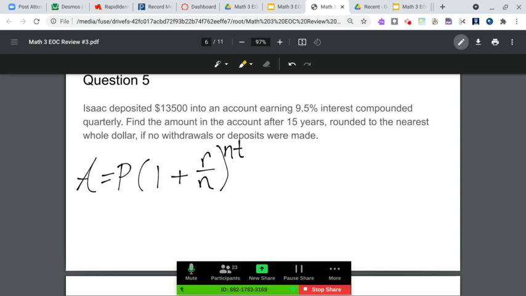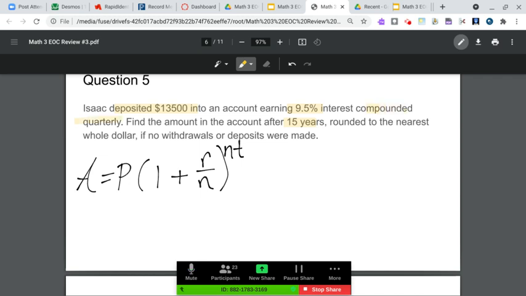What's our principal amount here? The initial deposit is the P. Interest, r. Time is 15 years. We need to know compounded quarterly.